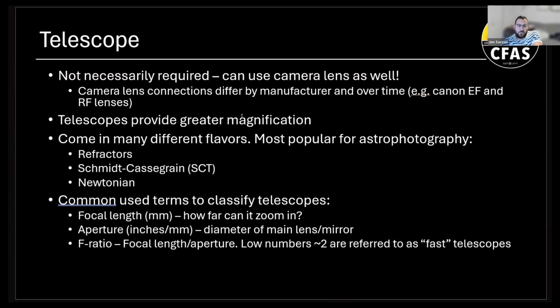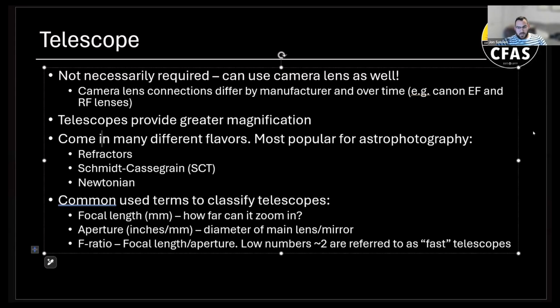And remember that telescopes are made specifically to look at and photograph the sky. Camera lenses are made for really any other type of photography. So while they might work well, they're not optimized to focus on stars.